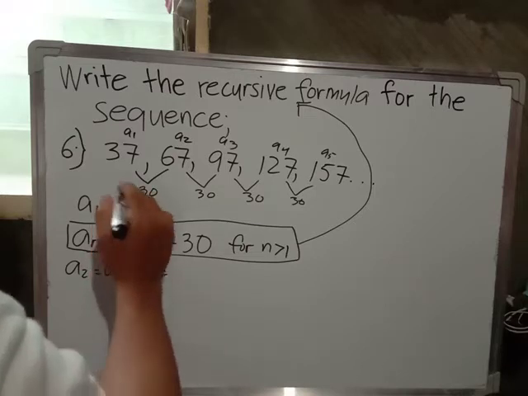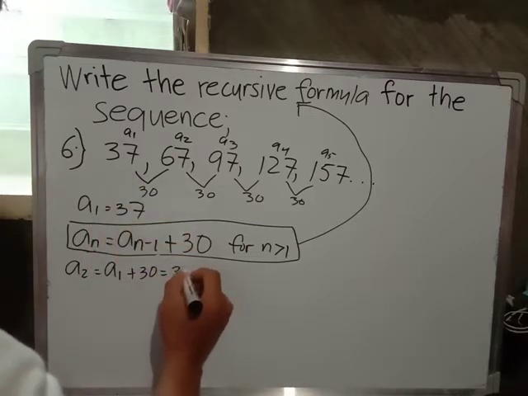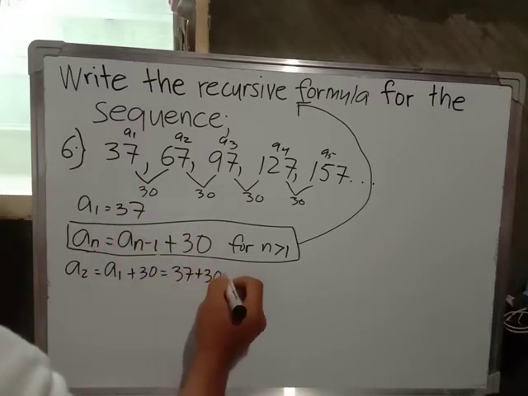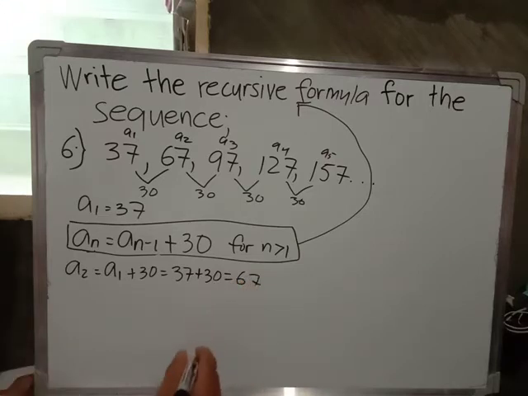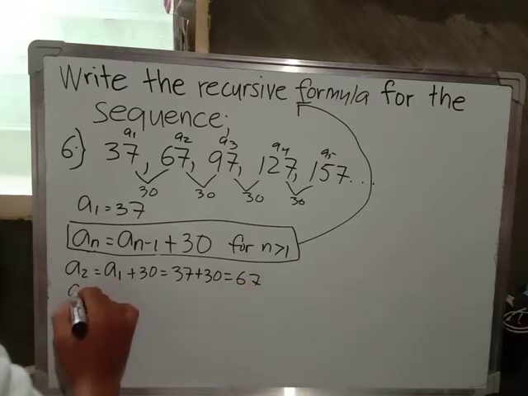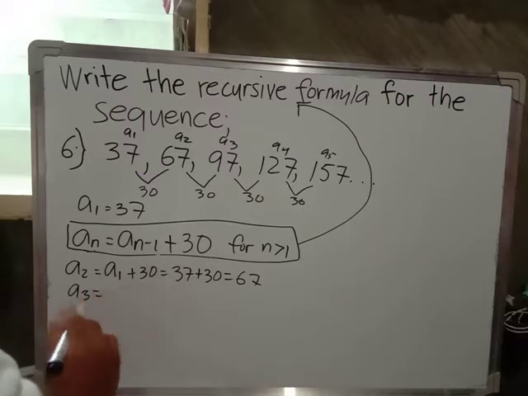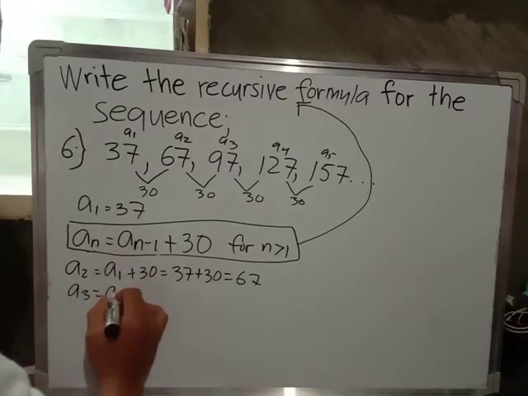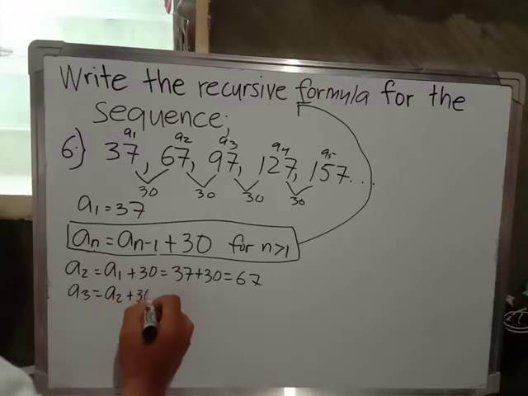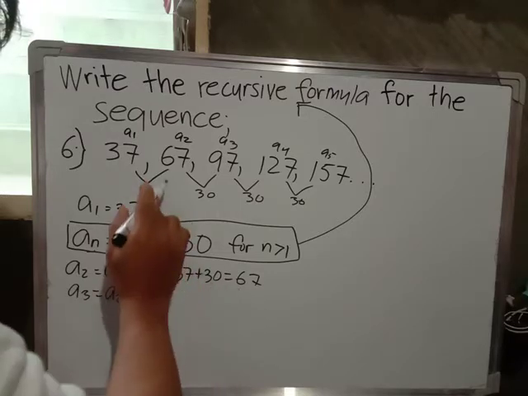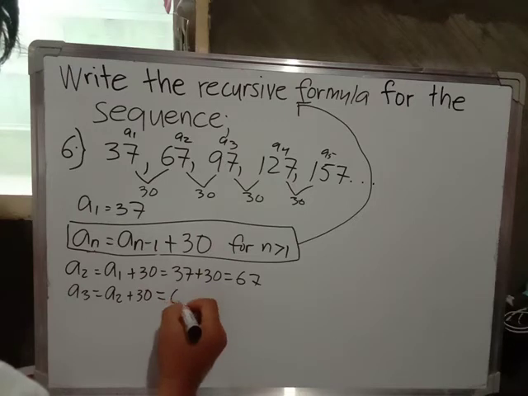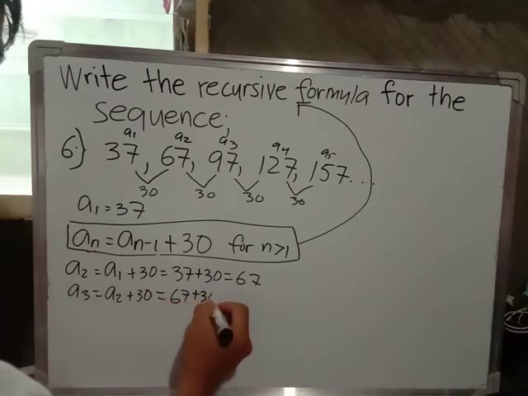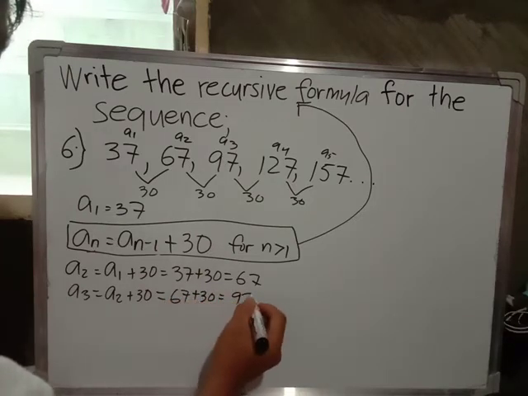E1 natin is 37 plus 30 is equal to 67. Then, E3 is equal to E(3 minus 1), which is E2, plus 30. E2 natin is 67, so 67 plus 30 is equal to 97.